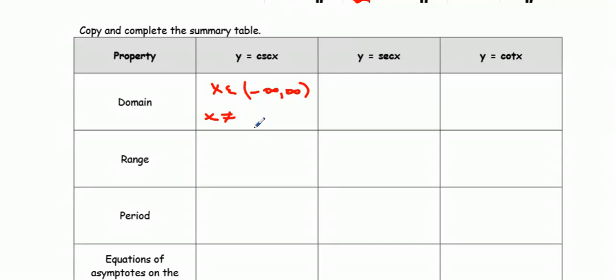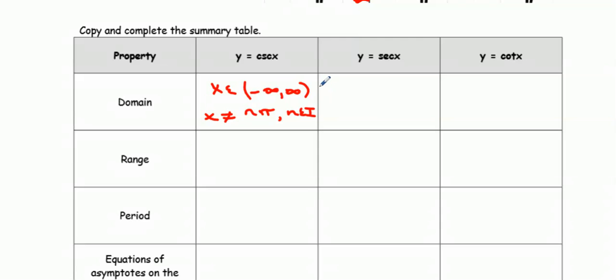So the asymptotes, if you go back and look, were at 0, at pi, at 2 pi, at 3 pi, etc. Okay, so they're all multiples of pi. So we use that n, remember, to give the multiple. So x cannot equal a multiple of pi, where n is an element of the integers. Let's just leave it like that.